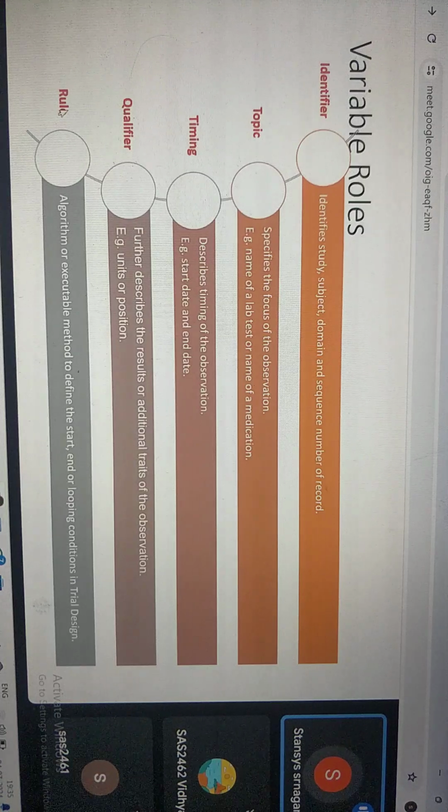And the rule variables are variables based on particular rules. For example, algorithms are executable methods that define the start and end, looping conditions, trial design. When it comes to trial design, we have the trial element, TE domain. An element is nothing but a building block of a clinical trial.